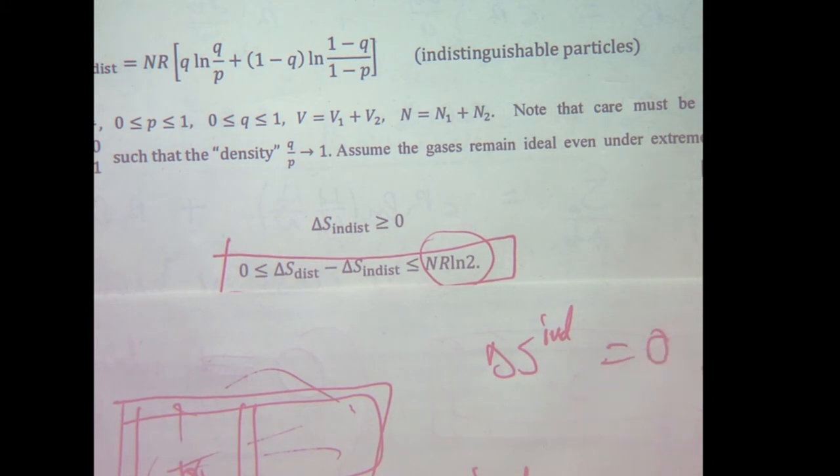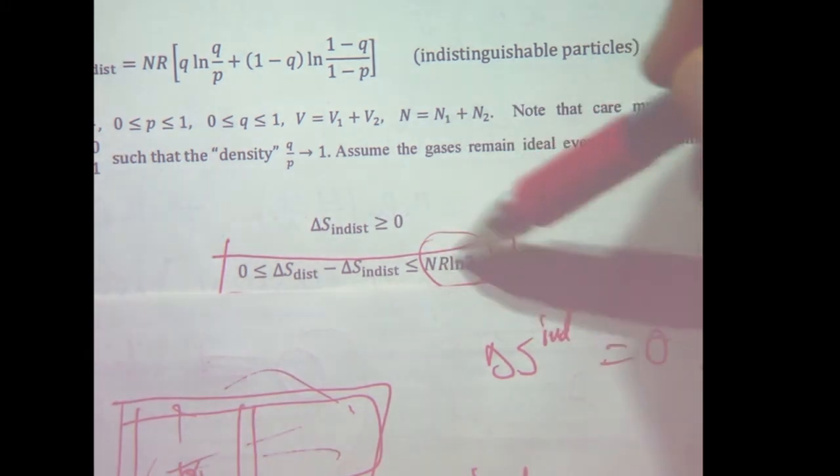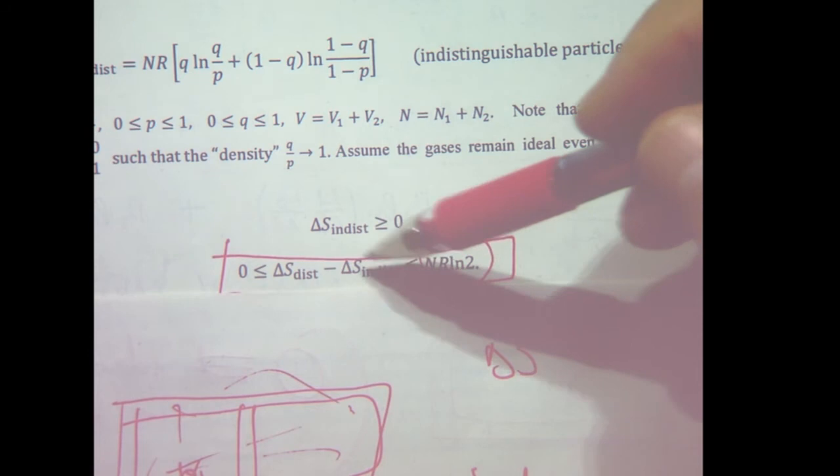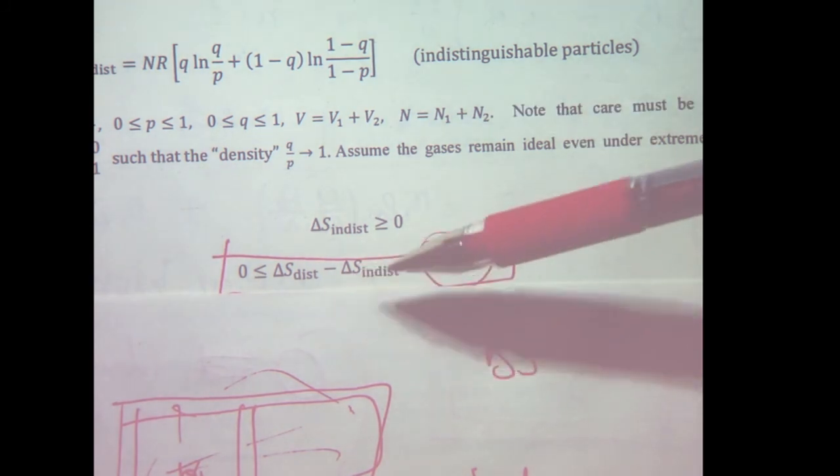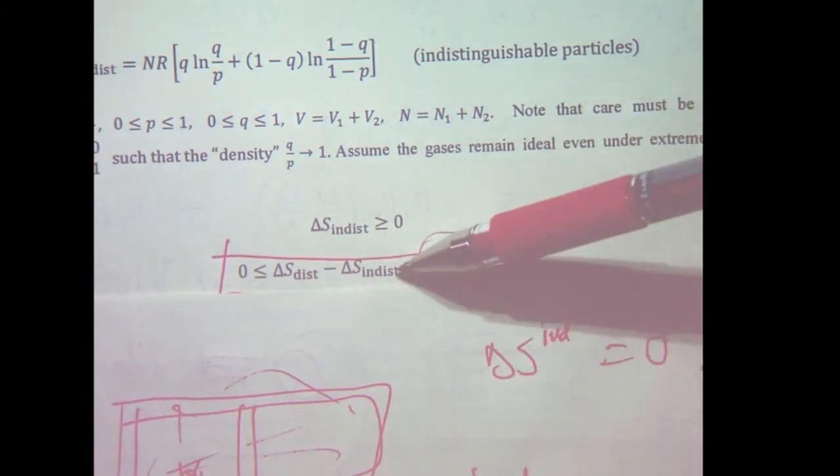So why is this extra NR log 2 factor there for distinguishable particles? Is it because if you put the n inside, then it's 2 to the power of n? So it's like the number of states or ways, like a permutation. Yeah, very good. But why is it that you have it for distinguishable but not indistinguishable?